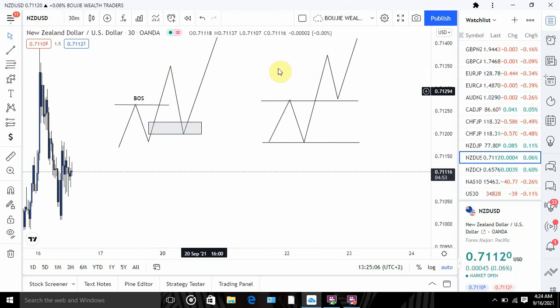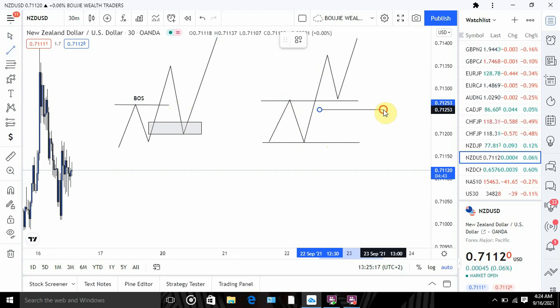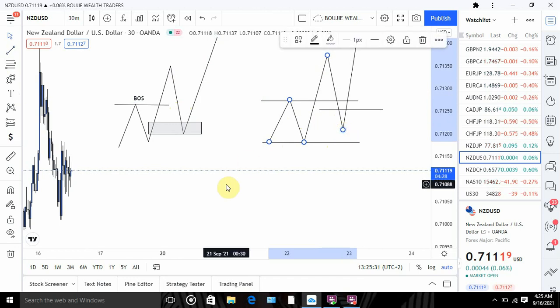This is the manipulation, because as a support and resistance trader, where will you put your stop loss? Your stop loss will be resting here. So if the stop loss is resting here, then the market pushes downside, meaning that the market will take out your stop loss.